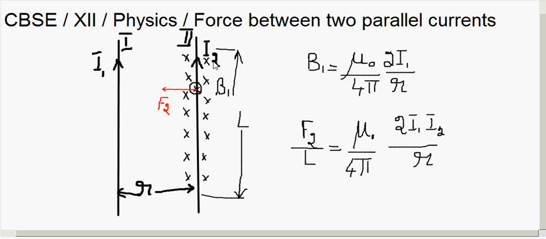By applying the right hand grip rule, you will get the direction of the field produced by I2 will be dot, because it is outward, perpendicular to the plane of the paper. So at any point on this conductor the field will be equal to B2.